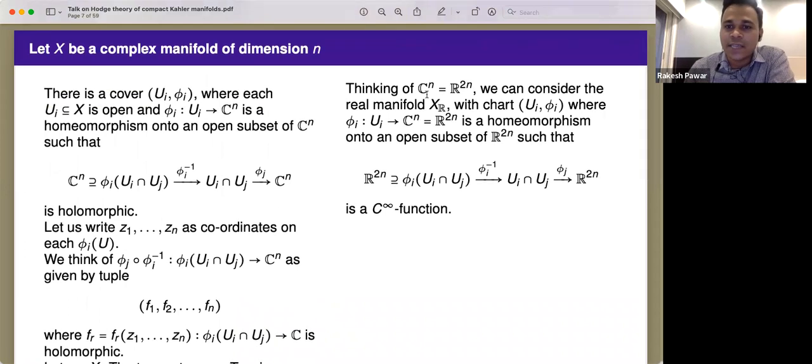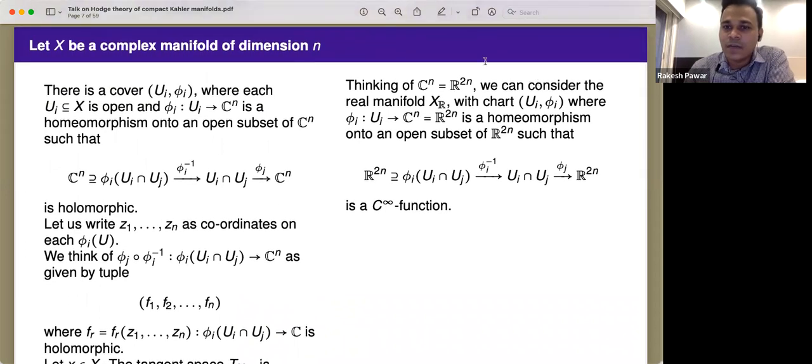So we think about Cn as R2n. We want to consider the real manifold with the same chart (U_i, phi_i), but think about phi_i not as complex valued, but as a tuple of R-valued functions.